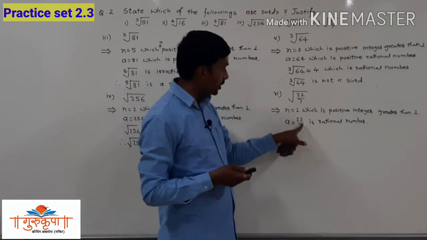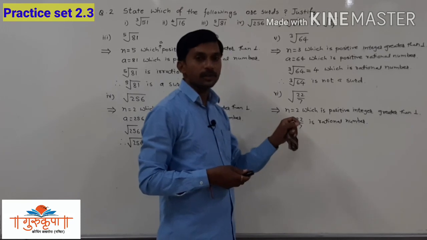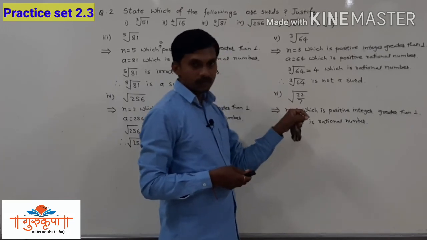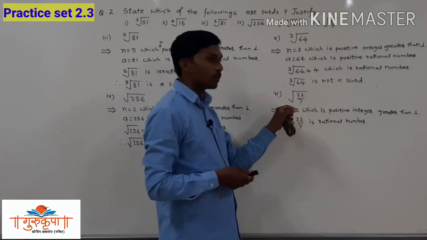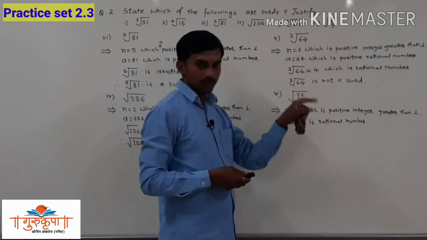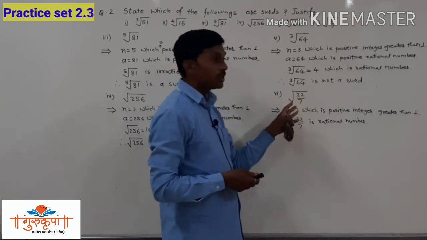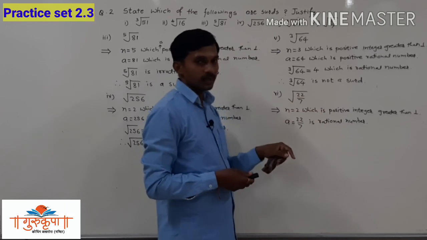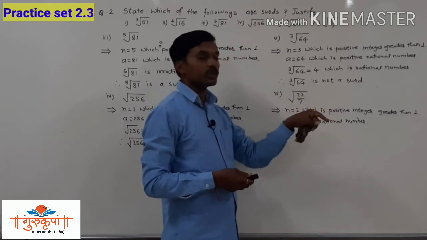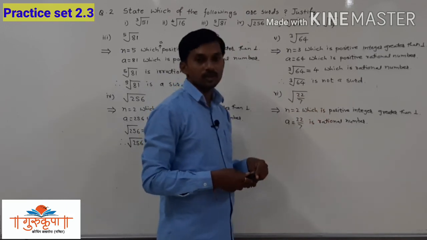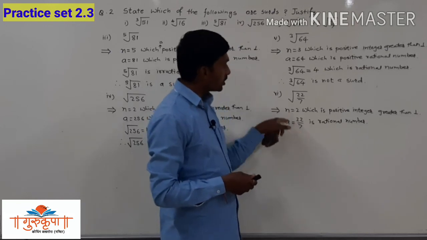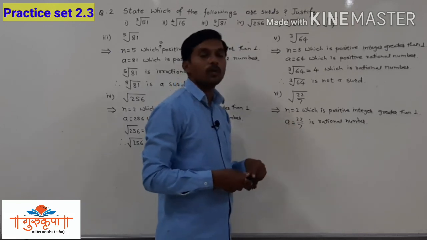If we divide 22 by 7, then we will get 3 point recurring 142857, where 6 digits are recurring, since it is a rational number, but we take this number as the approximate value of pi.